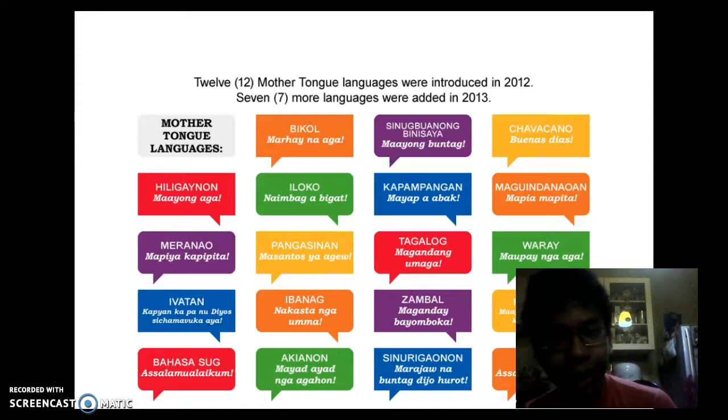These are the dialects, the mother tongue languages: Bicol, Binisaya, Chabacano, Hiligaynon, Ilocos, Kapampangan, Magindanawan, Meranao, Pangasinan, Tagalog, Waray, Ibatan, Ibanag, Zambal, Kinaray-a, Bahasa Sug, Aklanon, Sinurigaynon, Yakan.